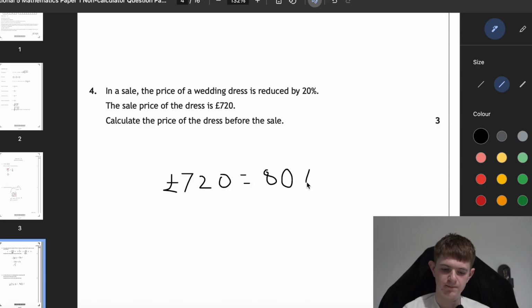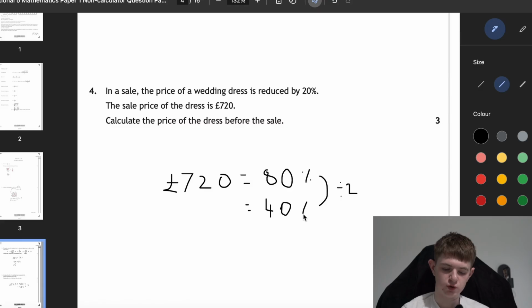So 80%, we don't have a calculator, bear in mind. So I want to figure out what 20% is, and I'm going to add that to the original value. So I'm going to divide by 2. So 80 divided by 2 is going to be 40%.